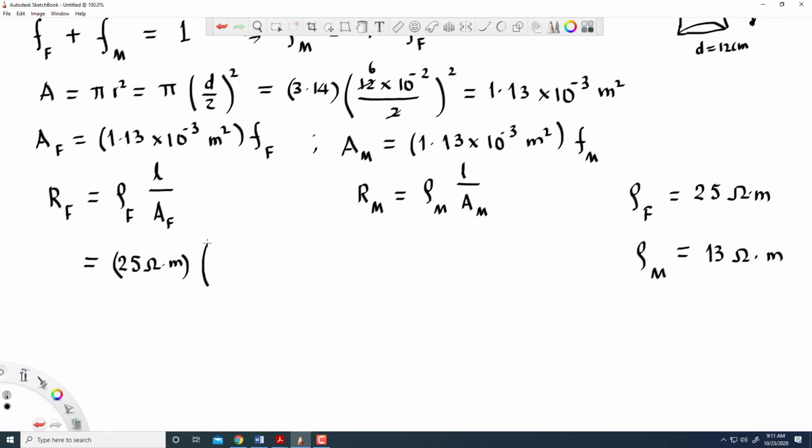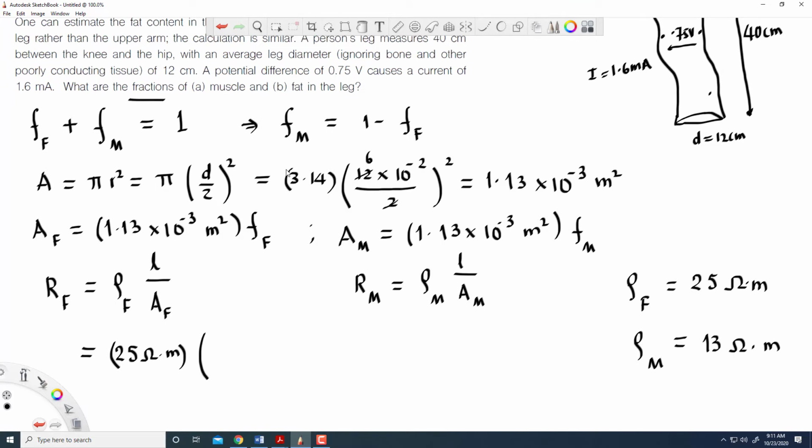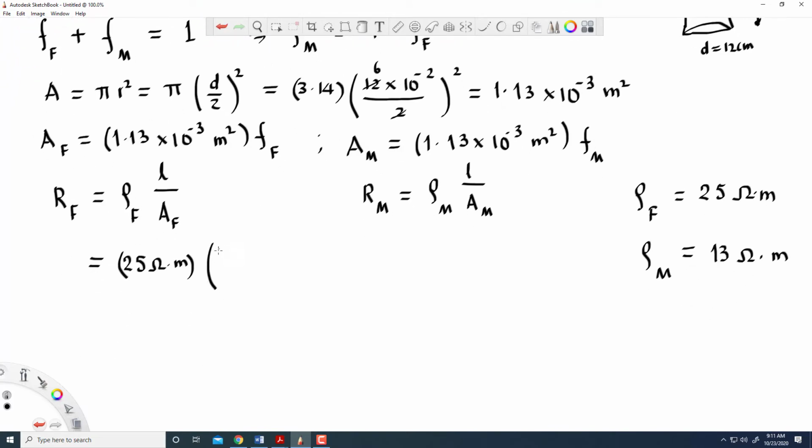Okay, so length, what is the length? 40 centimeters, 40 times 10 to negative 2 meter. That's the length, and the area, we already found the area. Area of the fat is 1.13 times 10 to negative 3 meters squared times F sub f.